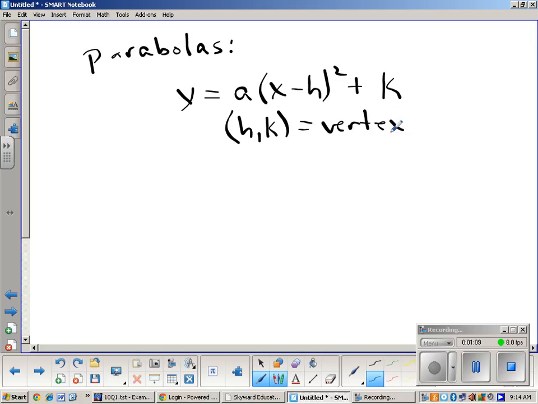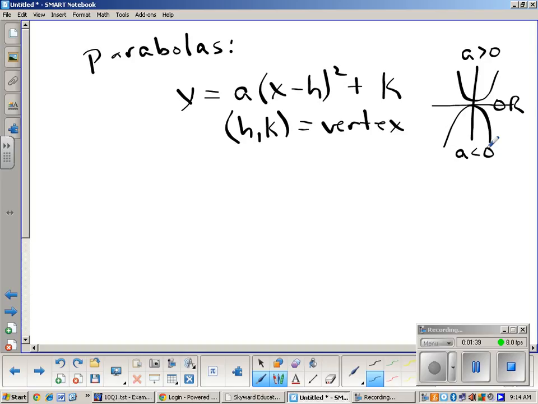Right? This model is either going to open up or it's going to open down. Not both of them, just one or the other, depending on what? A positive or A negative. So this is going to be if A is bigger than 0, and this is going to be if A is less than 0. Okay?